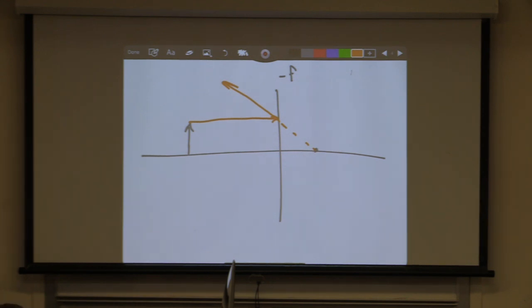If I send a light ray towards the focal point, as if it was going to hit the focal point, it's going to leave parallel. And if I send a light ray so that it hits at the axis, it will once again leave at the same angle that it came in at.